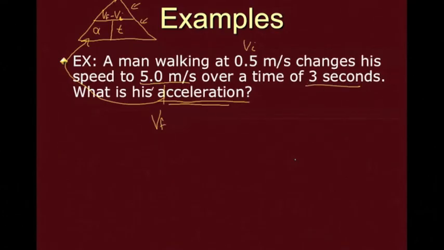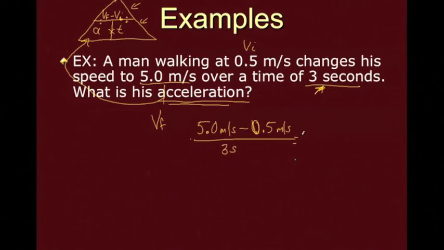So now we just need to plug it into our formula as we see above. And if you remember, it's Vf minus Vi divided by time. So his Vf, we said, is 5.0 meters per second, minus his initial velocity, his Vi, 0.5 meters per second, divided by his time, which is 3 seconds.